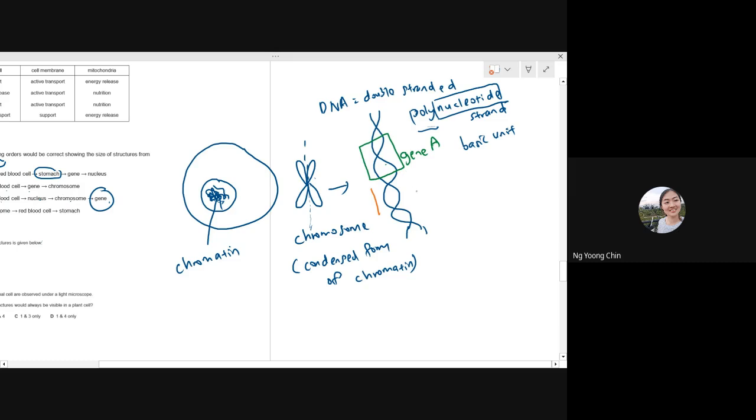Here there will be gene B, and here maybe gene C. I think last time I told you how proteins are produced from the cell.